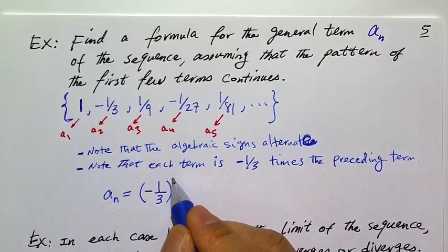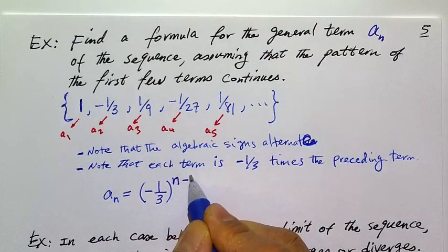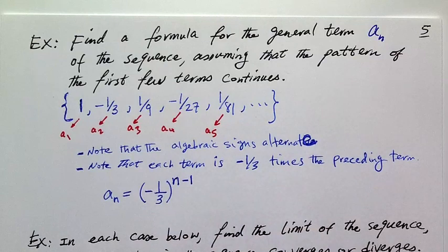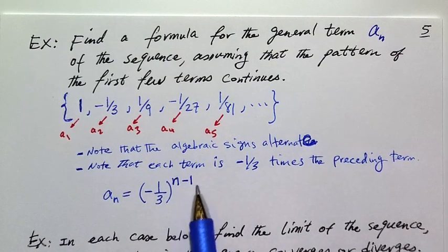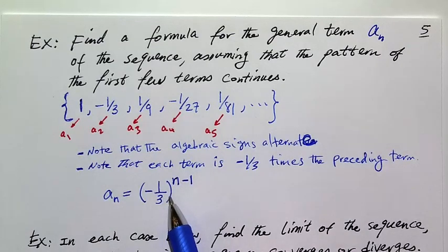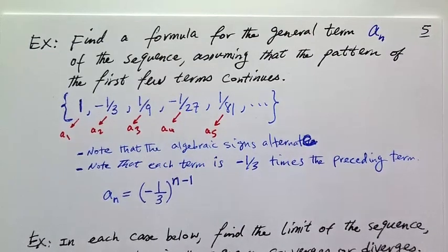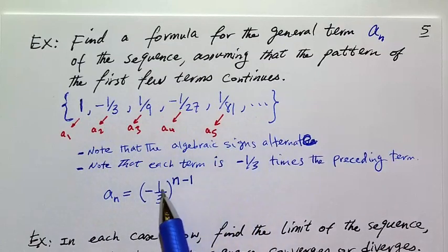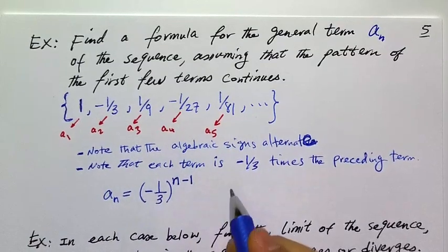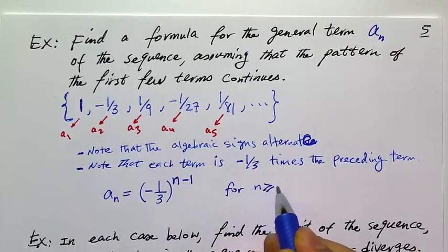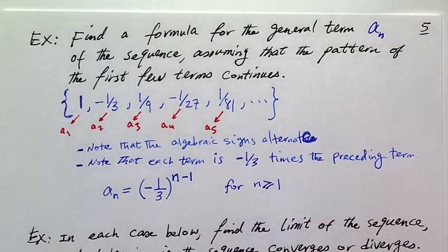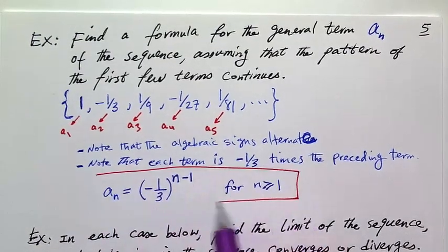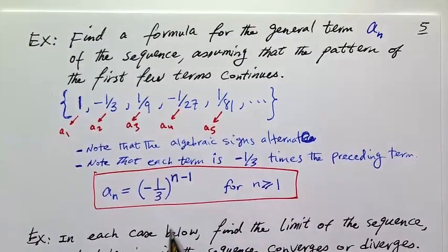We can get that by putting our power as n minus 1. Usually I would approach these problems with a pile of scratch papers and try several scenarios to see which one gives me all these terms. And we can say for n greater than or equal to 1. So this would be our answer for that problem. Now we can test it.